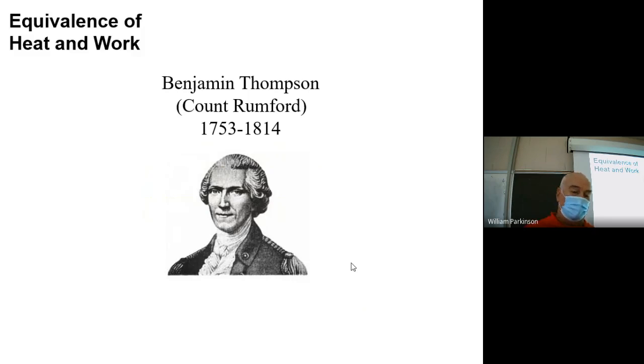He was working for the British military at the time, and his job was actually to oversee the making of cannons. He was in the engineering brigade. He's a very smart guy, and they used his expertise to design and build cannons. In the 1700s, when they made cannons, they couldn't cast steel yet. Maybe they did know how to make steel, but they couldn't cast it in the form of a cannon barrel.